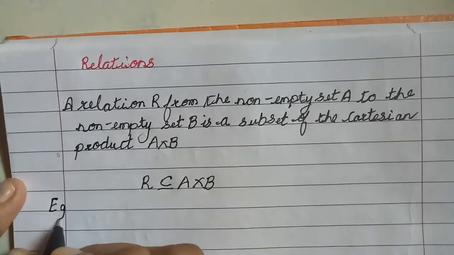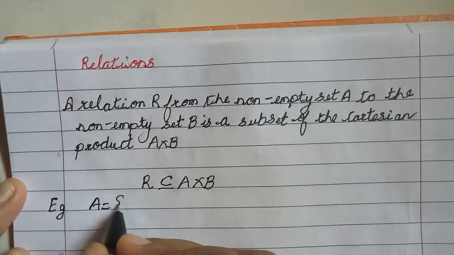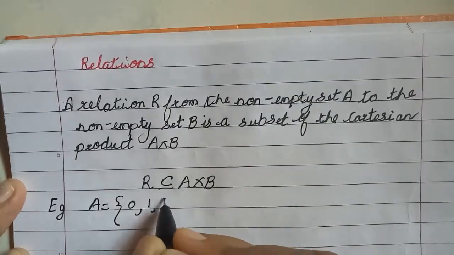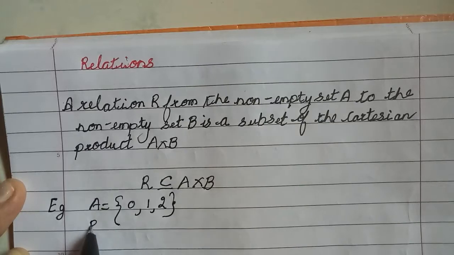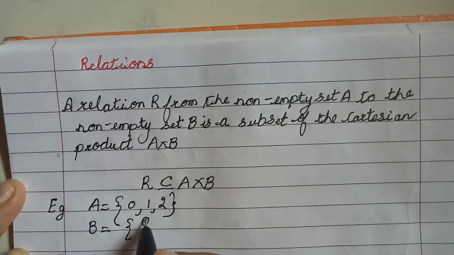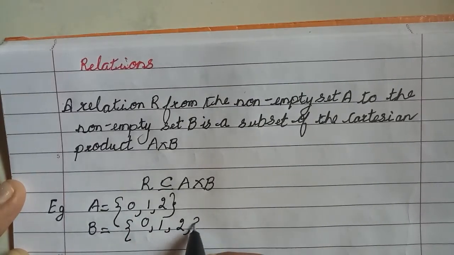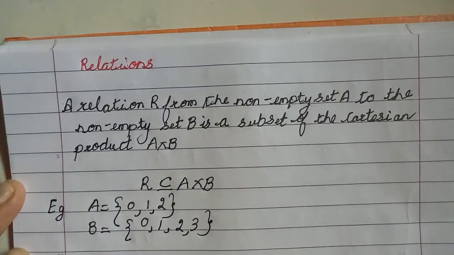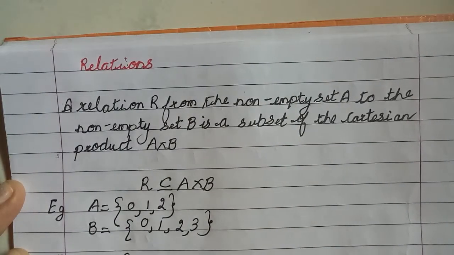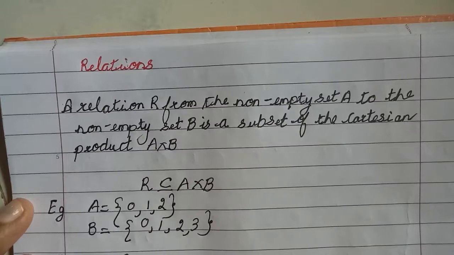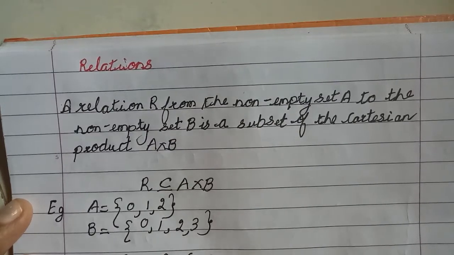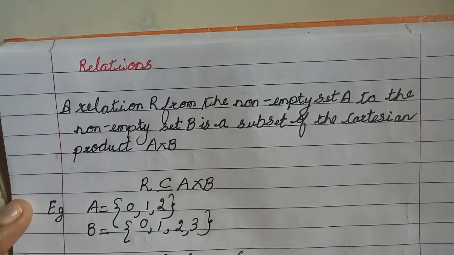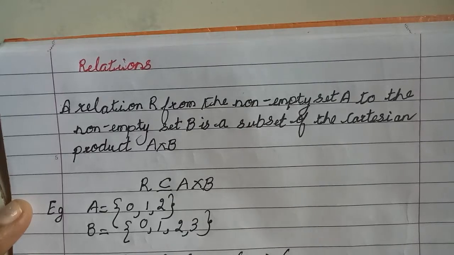For example, if my set A has elements 0, 1, 2 and my set B has elements 0, 1, 2, 3. Now you know how to write the Cartesian product, right? So A cross B will be the collection of all (0, 0), (0, 1), (0, 2) and (0, 3).